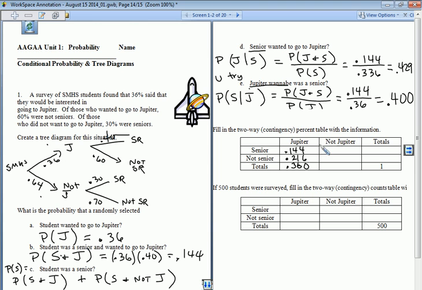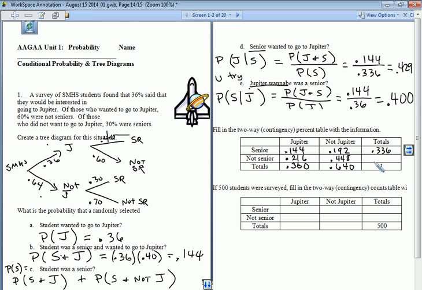Okay, the probability that they were a senior and did not want to go to Jupiter is 0.192. This is 0.448, and this is 0.640. The probability that they were a senior was 0.336, and we calculated that just a minute ago.